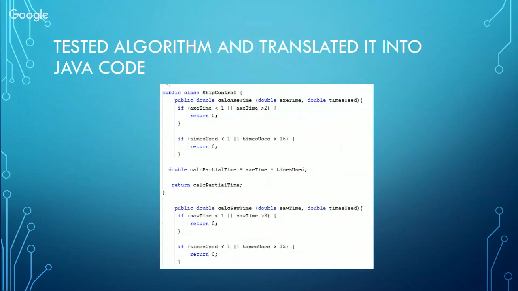Once you have the algorithm, you need to test it to make sure that it works and that it will solve your problem, and then translate it into Java code. This is the code that we developed for the calculate X time. It has the two variables, X time and times use, and the two if statements that will be executed with the result.